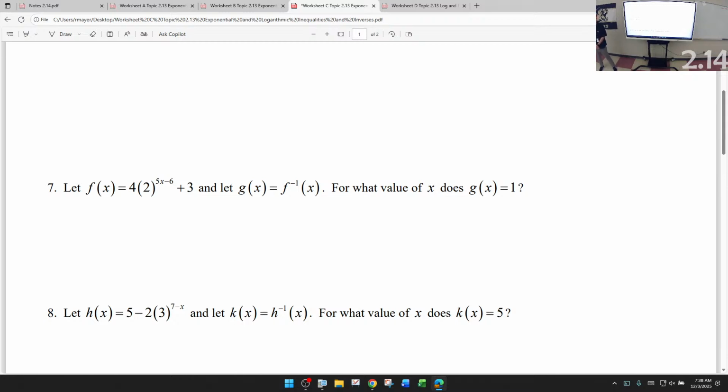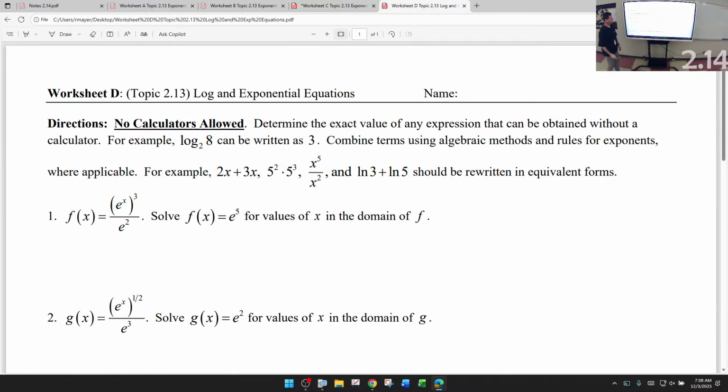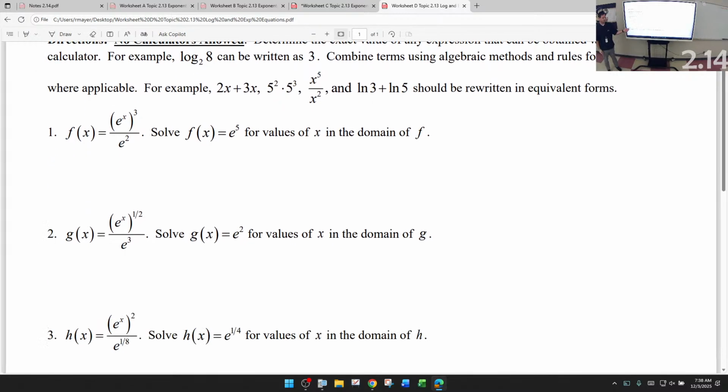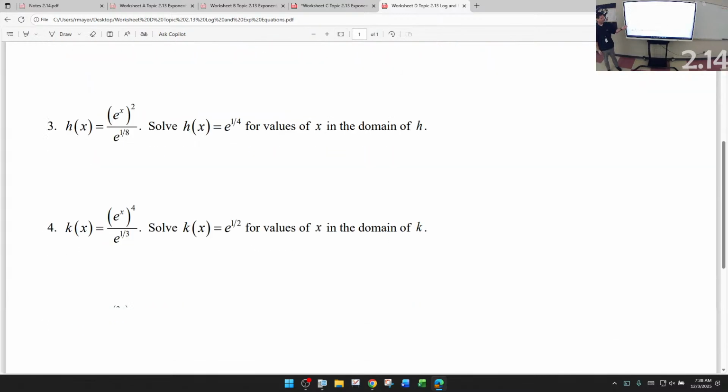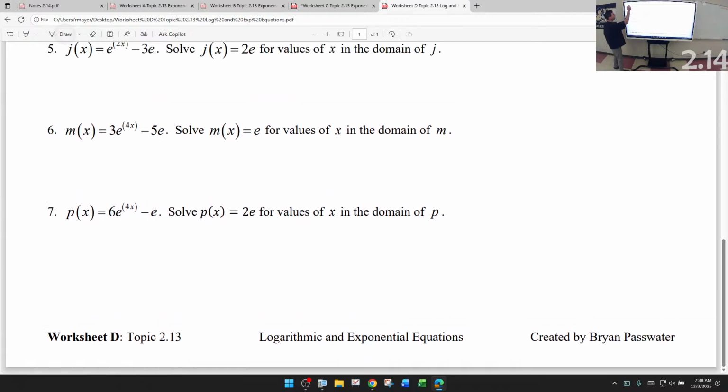I can do them all, I think. If I can do that one, which one do you want? Is D the back page? Yeah. Number 7? See, everybody's asking.